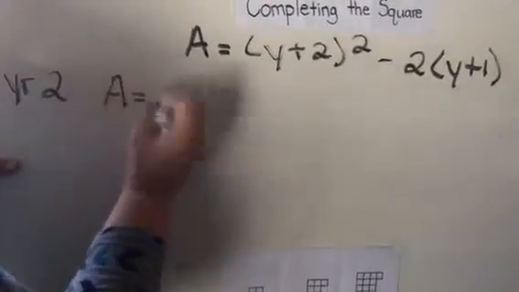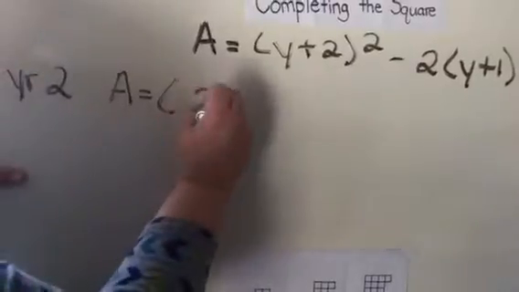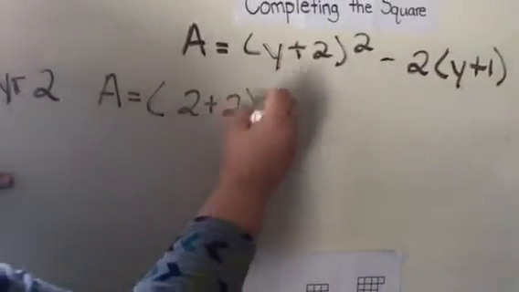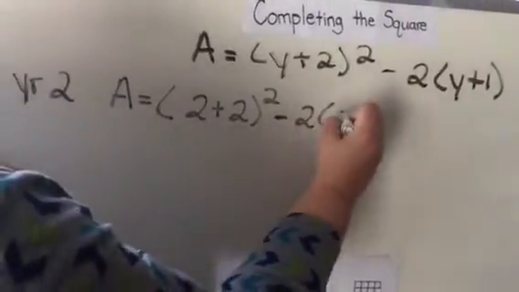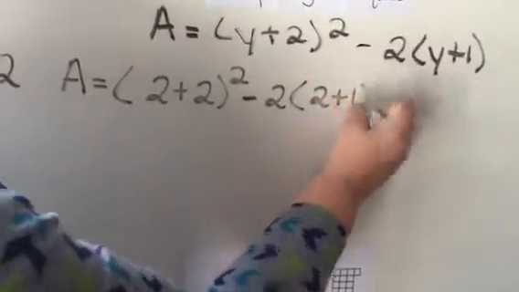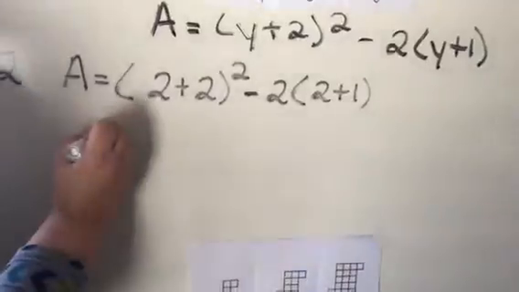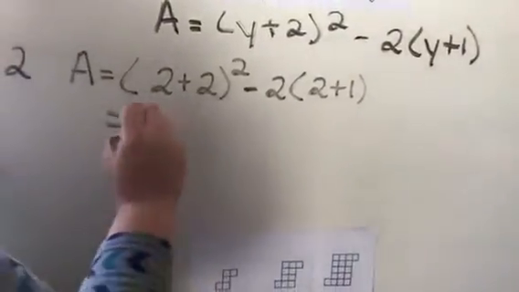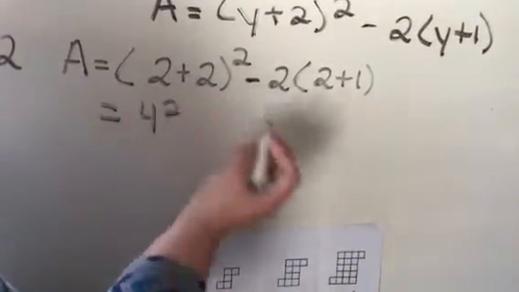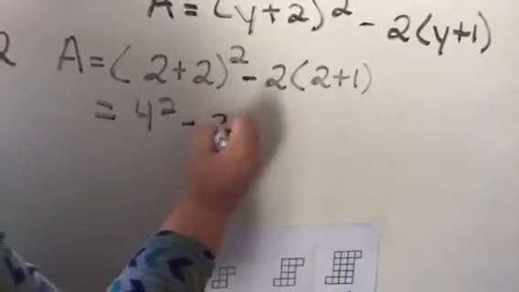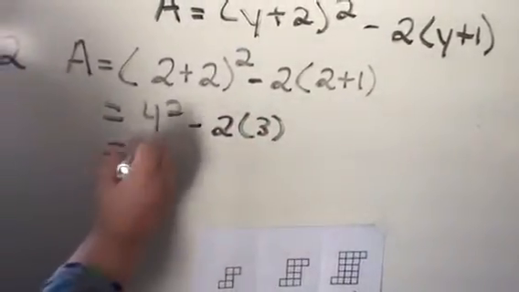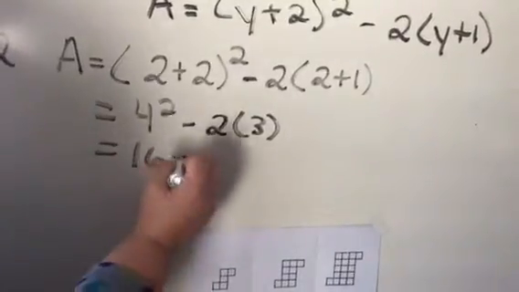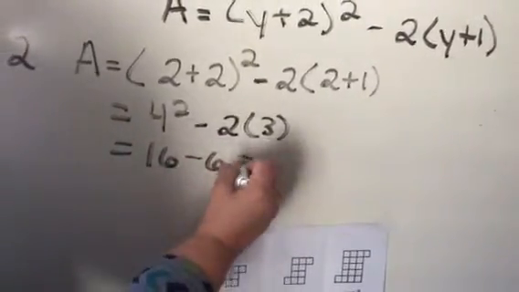Area equals 2 plus 2 squared minus 2 times 2 plus 1. Area equals 4 squared minus 2 times 3, or 16 minus 6, which is 10.